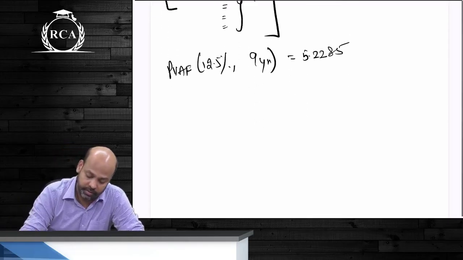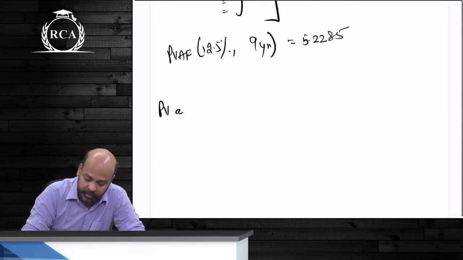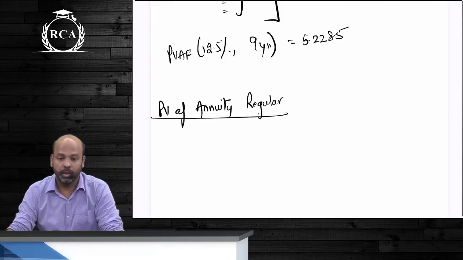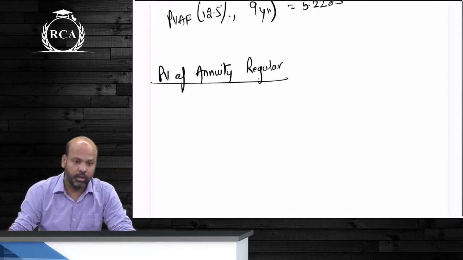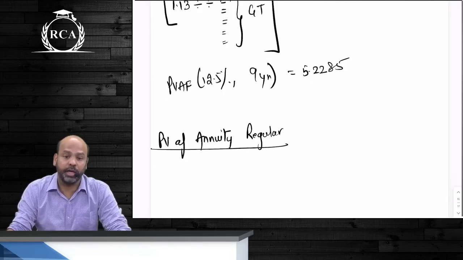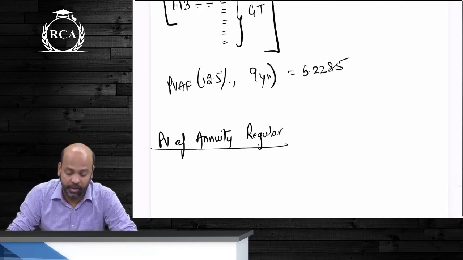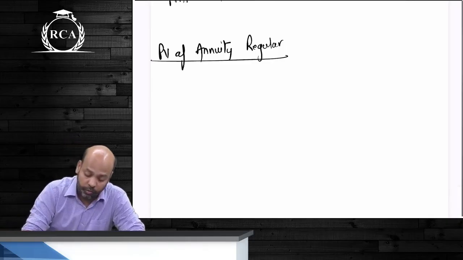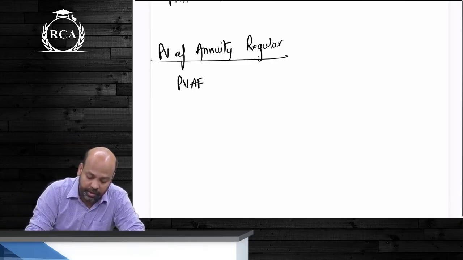Next, guys. Side heading: present value of annuity, regular. What we did was only the annuity factor, but now we are writing present value of annuity, regular. So we know the present value annuity factor is what?